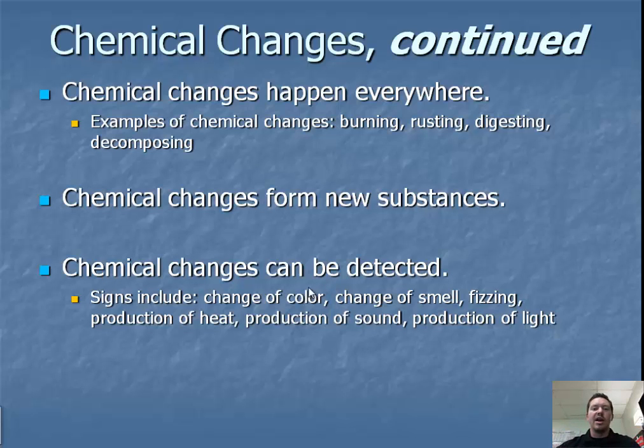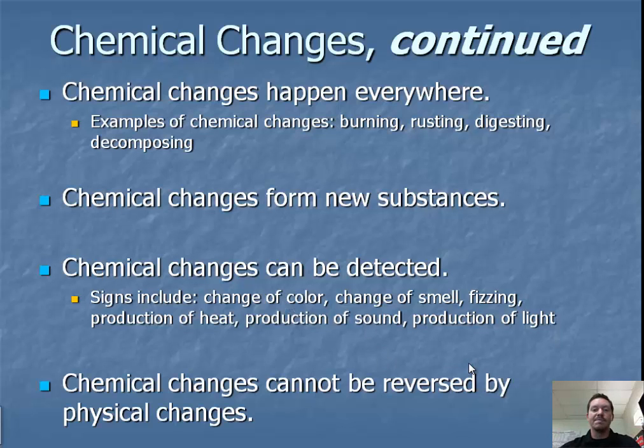But a chemical change, for example, we can mix two chemicals, maybe clear chemicals, and then they turn yellow. Well, that's obviously something different. Something is happening there. And chemical changes cannot be reversed by physical changes. So it requires a chemical change to change a chemical change.